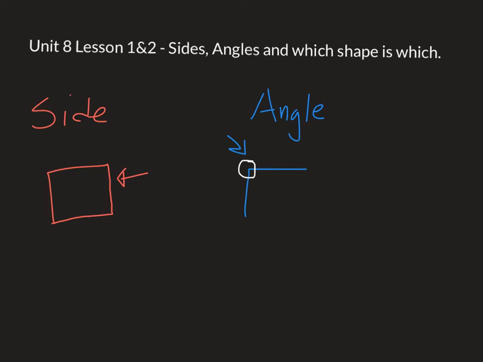Now, angles can be outside angles that point out, like up here, or inside angles where two points meet, like here. This is only important to notice when a shape is irregular. So there would be multiple sharp angles and one concave angle, or an angle that sinks inside.